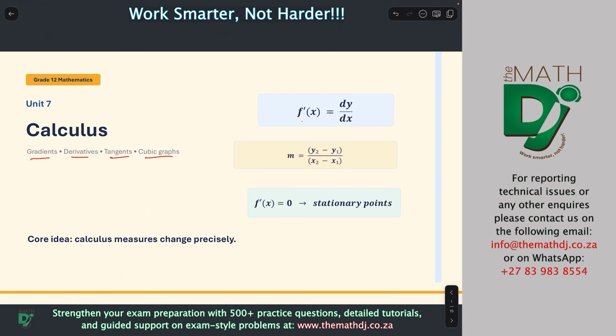So we're going to look at differentiation. This is a symbol for differentiation. Let's say you've got f of x is equal to 2x plus 1.